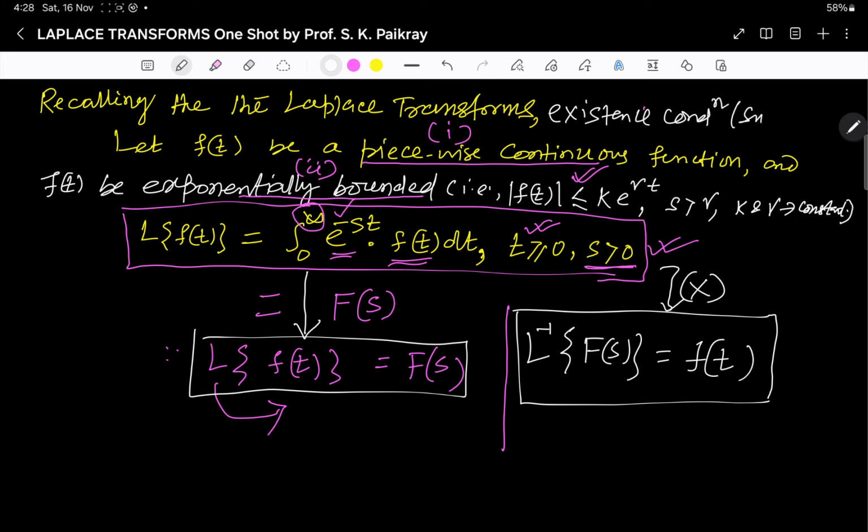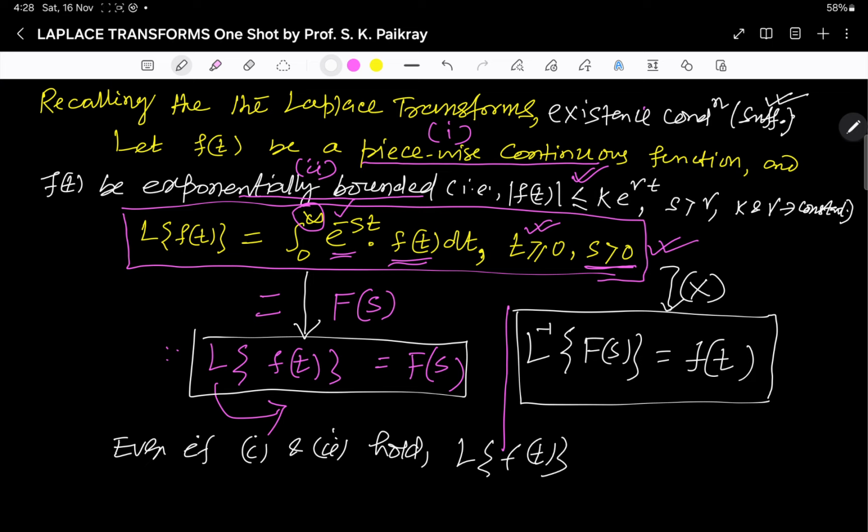But this condition is sufficient only. That means even if conditions 1 and 2 do not hold, L of f(t) may still exist.